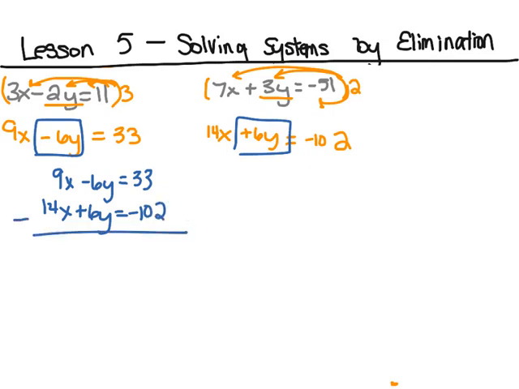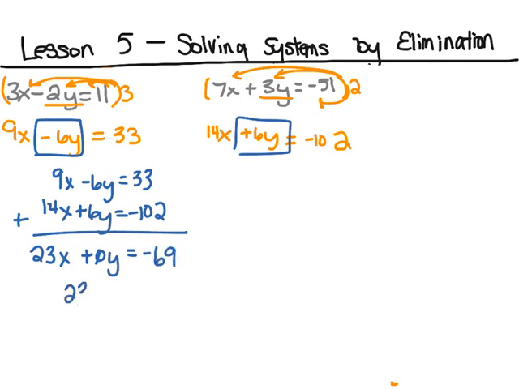We need to add these equations together to make 0. 9x plus 14x is 23x. Negative 6 plus 6 is 0, and 33 plus negative 102 is negative 69.